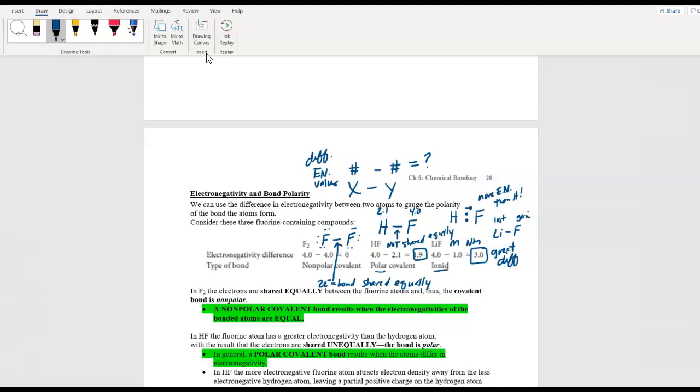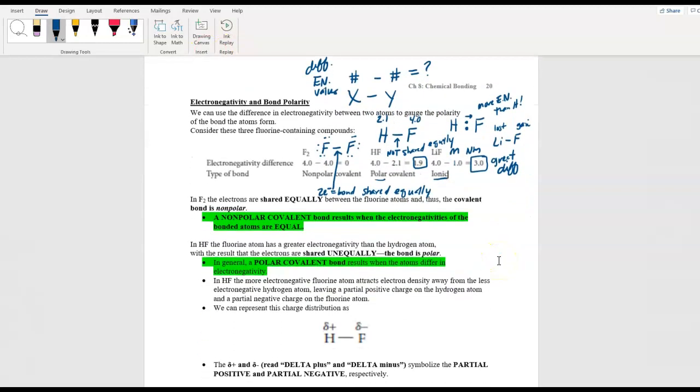So he took that electron away, but they did form a charge. That lithium was still attracted to fluorine, and now you have an ionic bond. So that is the difference between them. That is literally the math that you are doing with this. You are taking the electronegativity values and subtracting them.